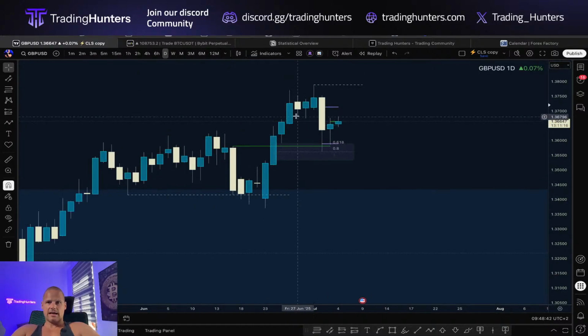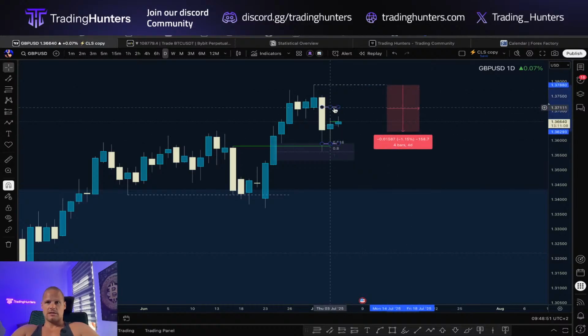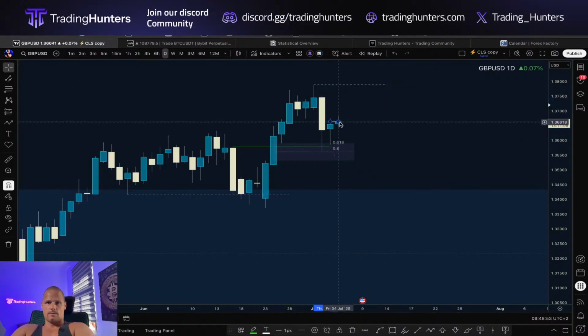But on daily, again, look, the highest close is here. Here is most likely a liquidity, and price has dropped down into this order block, and also into this fair value gap. So I would really like to see something like this.